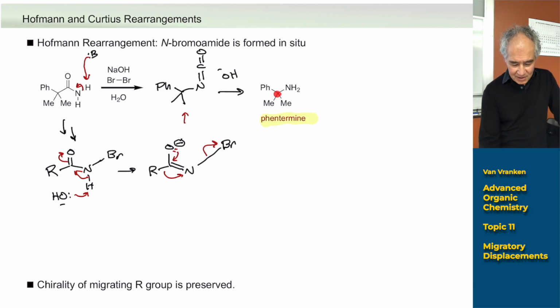This is not a stereogenic center, but if you had one methyl and one ethyl, you would have preserved the chirality there during that rearrangement process. For these migratory displacements, you preserve the stereochemistry.